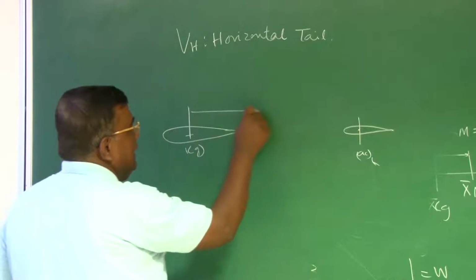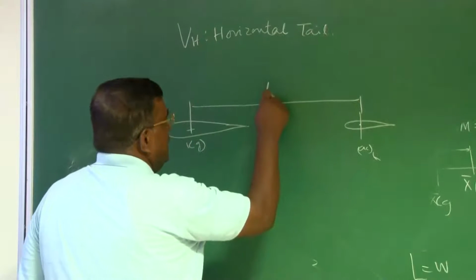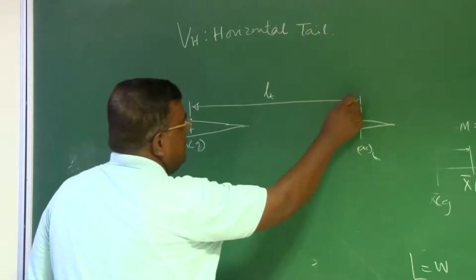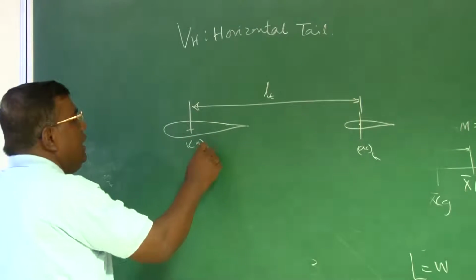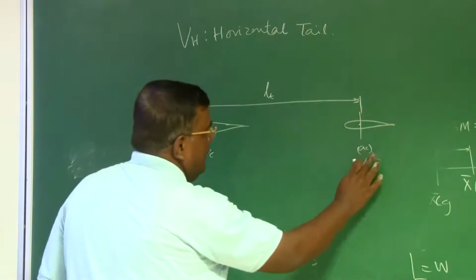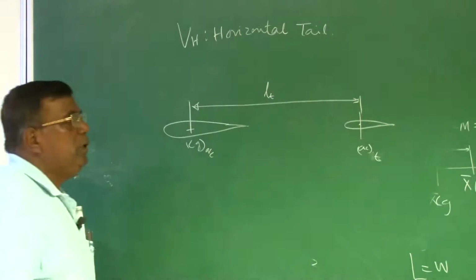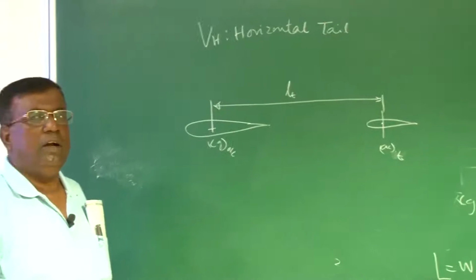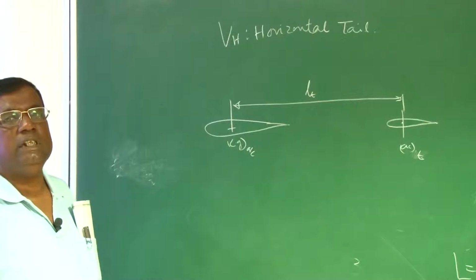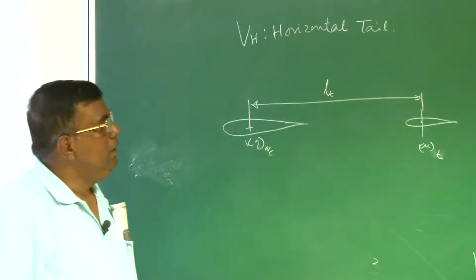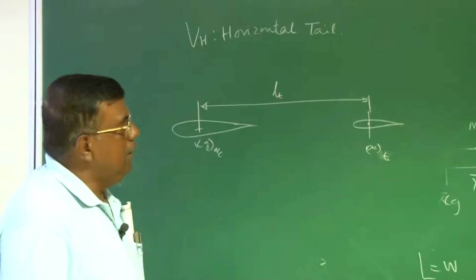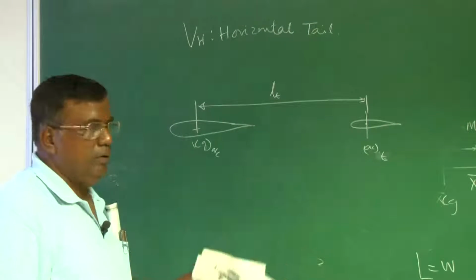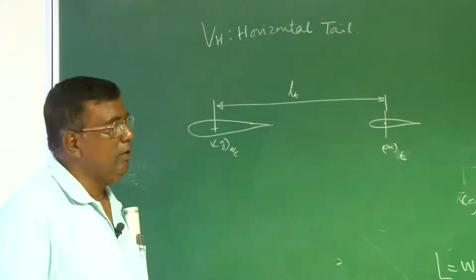So LT, the tail moment arm, is defined by the distance between the CG of the aircraft and the AC of the tail, right? But the whole problem is at this stage we are not pretty sure about the CG. CG variation could be there. And sometimes it is difficult to really get what is the LT we are talking about.